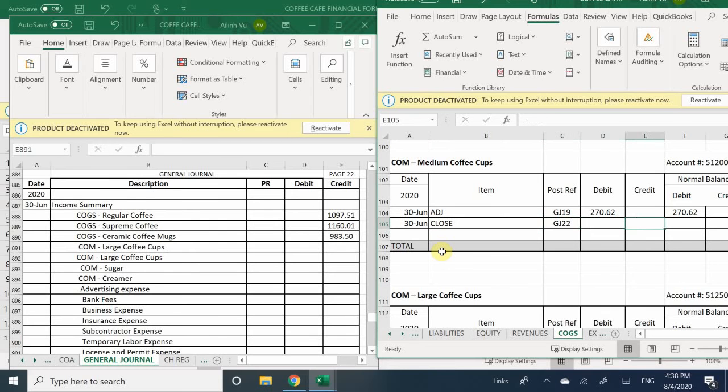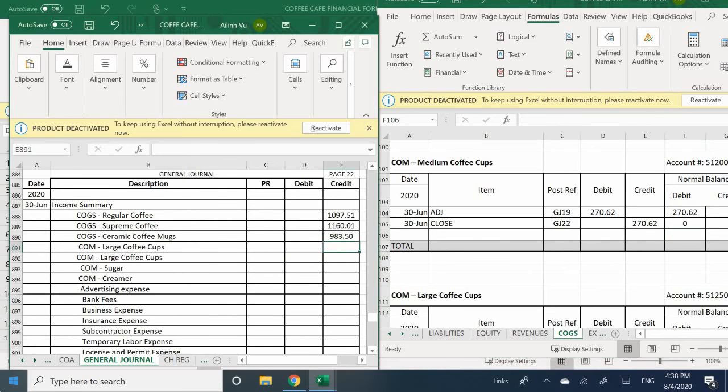And this time we're going to credit 70.62. And with this formula, okay, it should appear as 0. Good. So now we can go ahead and come here for 270.62.